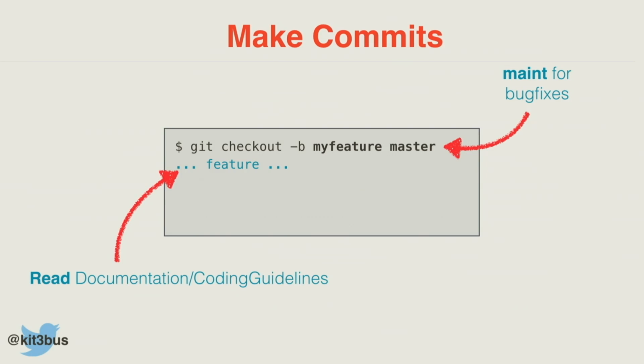So you want to read the coding guidelines and write your code with these in mind. But don't stop there. You should also write tests for your feature to prove that it works as expected. And last but not least, you should write documentation to explain how your feature works to the end user.